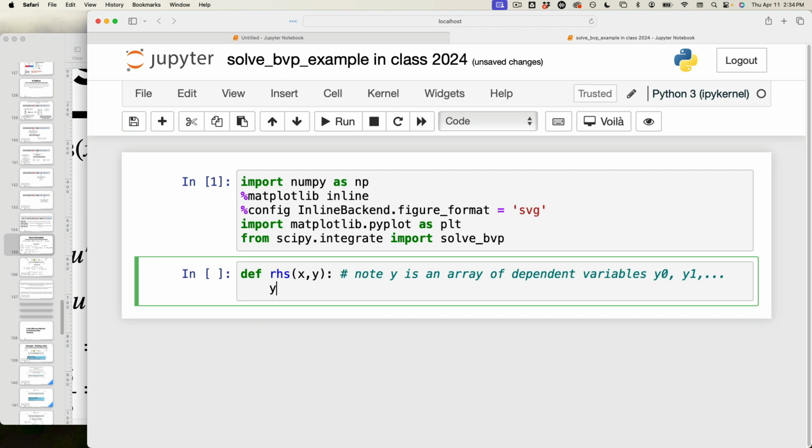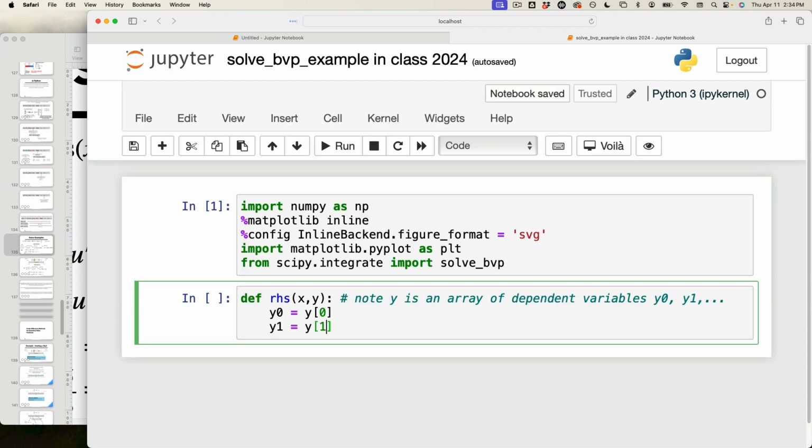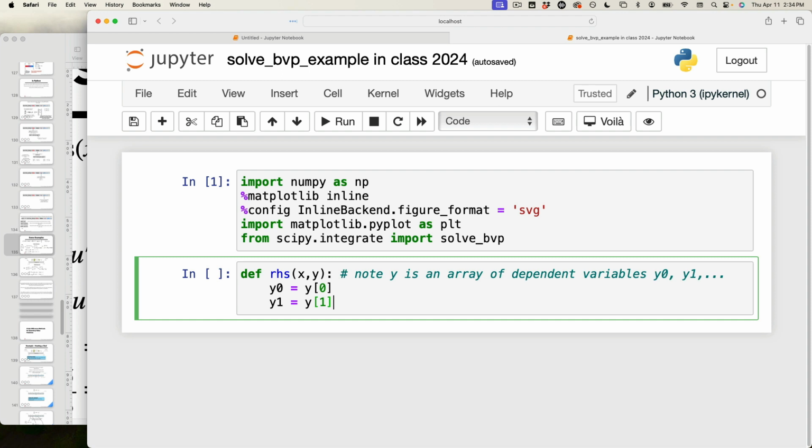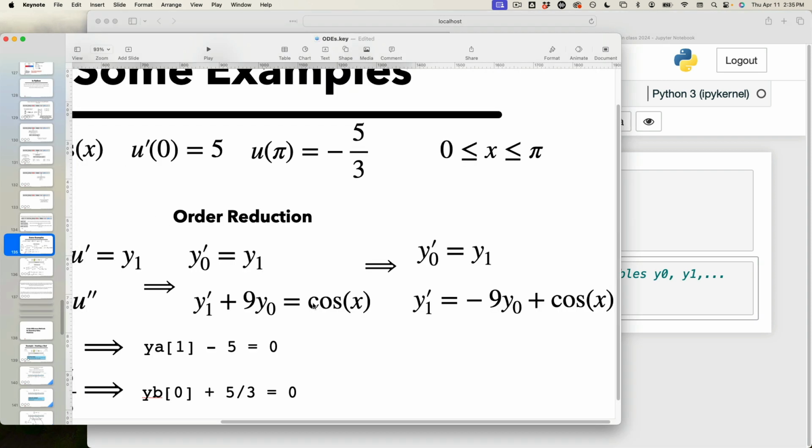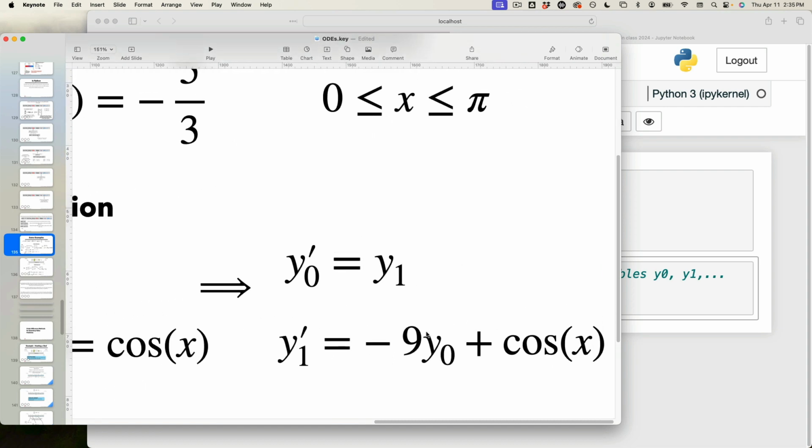Now my y0 is going to be located in y0, and my y1 is going to be located in y1. That's the simplicity of using this nomenclature. We used phi and other symbols before, but let's just use y for now. Now I need to return these two right-hand sides. The first right-hand side will be y1, and the second is minus 9y0 plus cosine x.